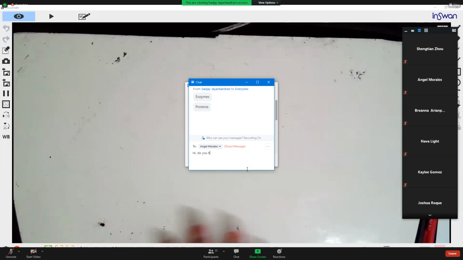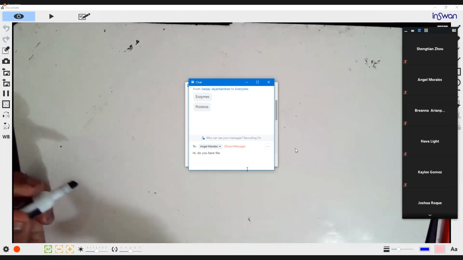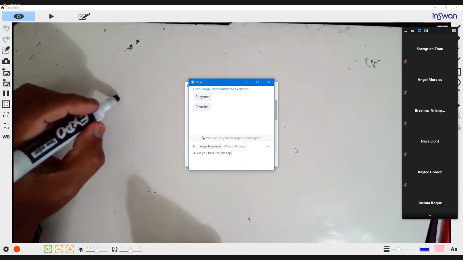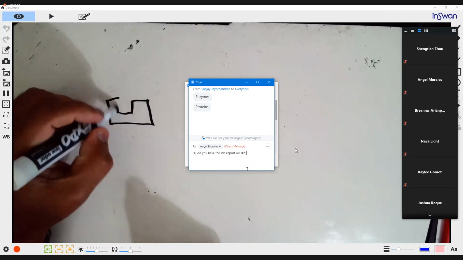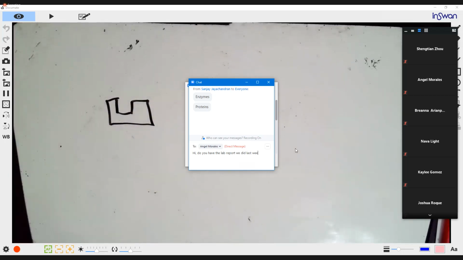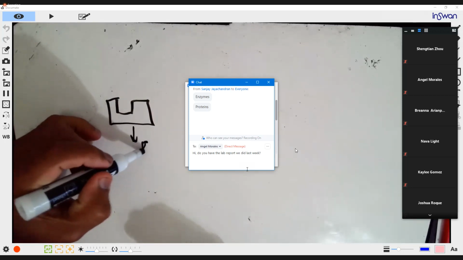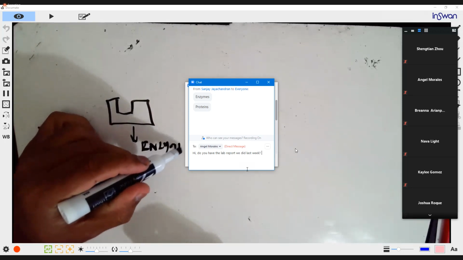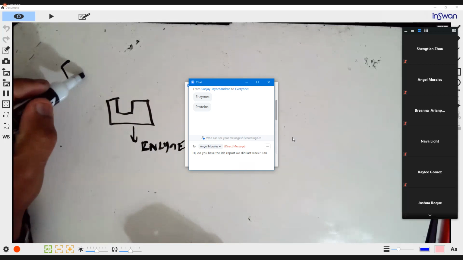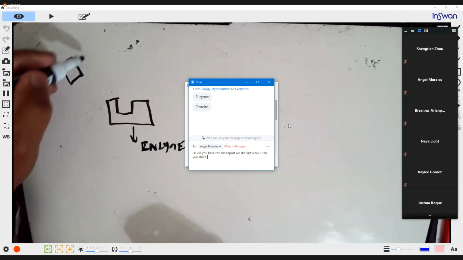Let's say this is the enzyme in 2D. Remember, it has a 3D structure. That's my enzyme. All enzymes work on their substrate, so this is my substrate.